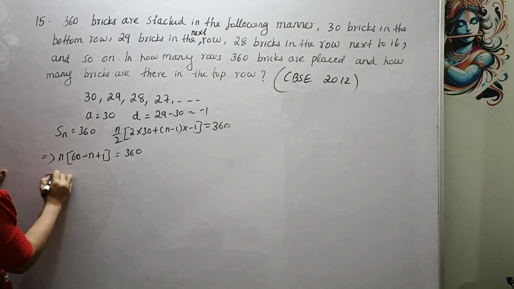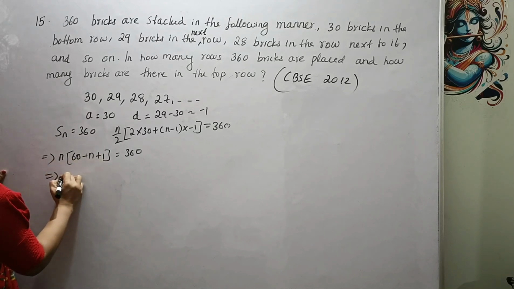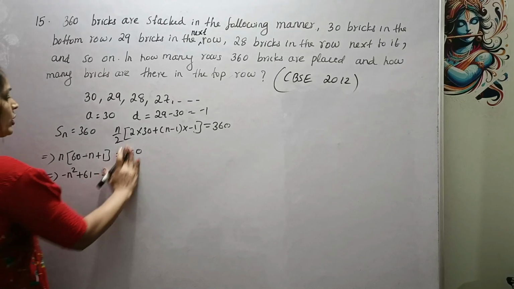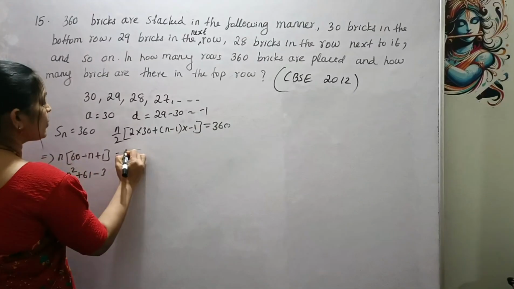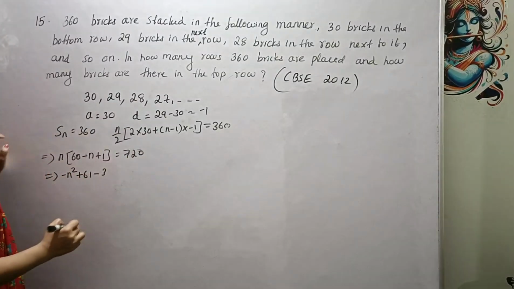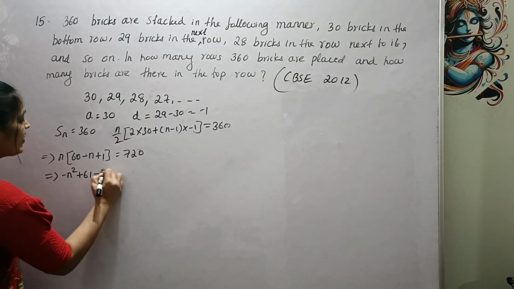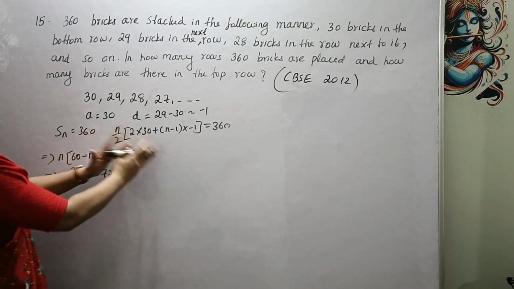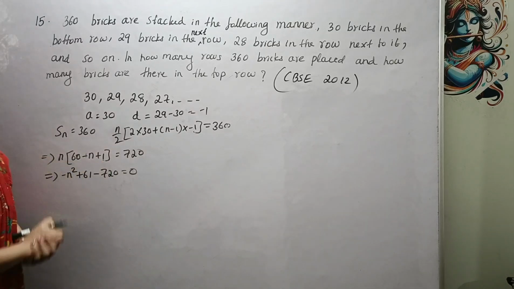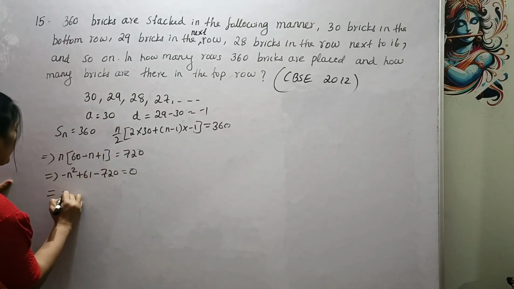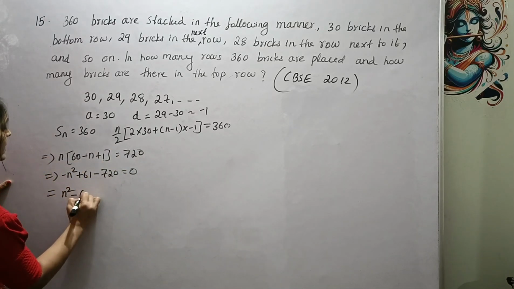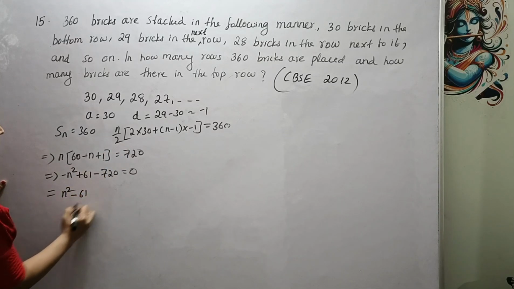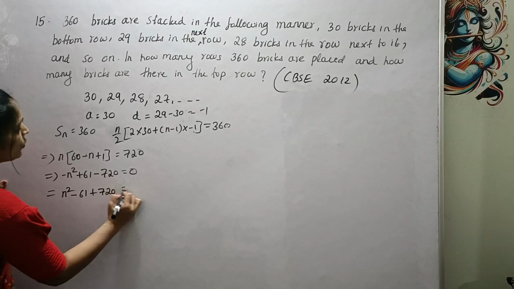Then that implies minus n square plus 61n, sorry, here we have taken 2 here, right? So it will be 720. Then minus 720 is equal to 0. Now let's take all these terms to the right side, so that it will be plus n square. So n square minus 61n plus 720 is equal to 0.